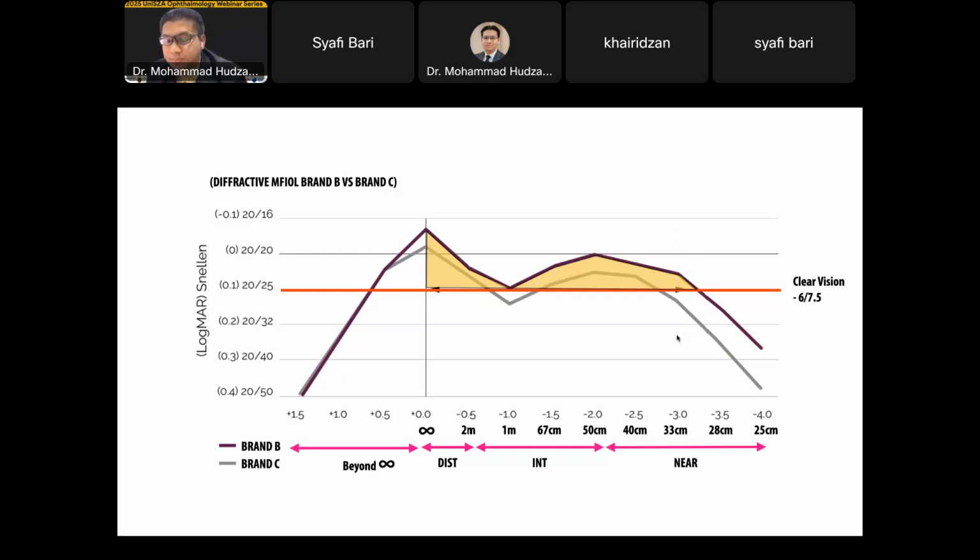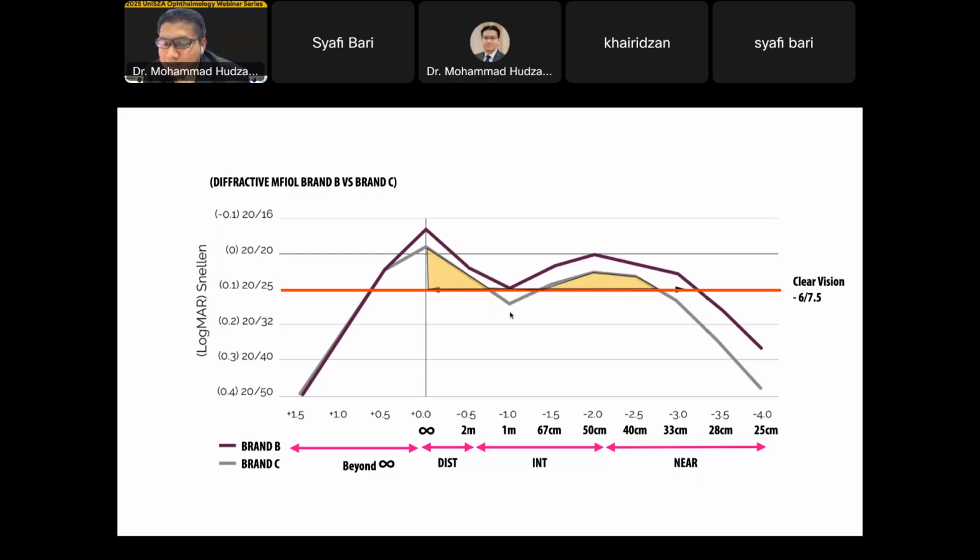This is brand B. Comparing to brand C, if we take 7.5 as clear vision, brand C can only provide clear vision at distance and a bit of intermediate and near.